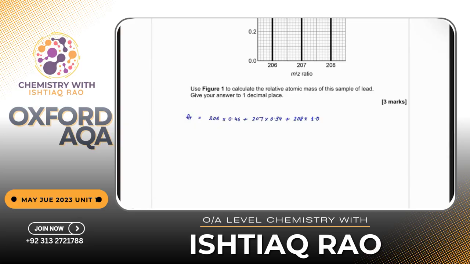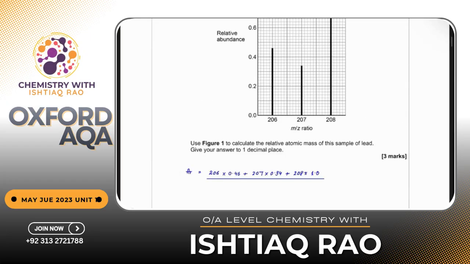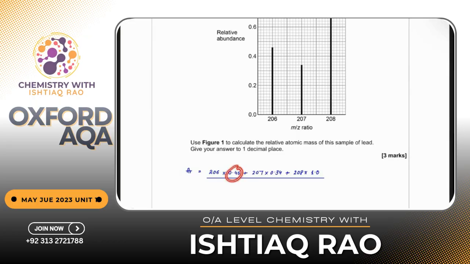All divided by the total abundance, as in you add all of them up: 0.46 plus 0.34 plus 1.0.